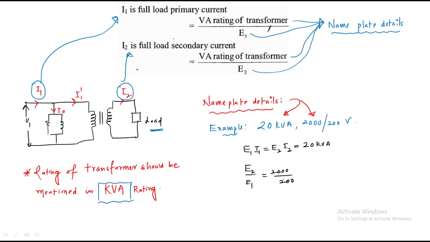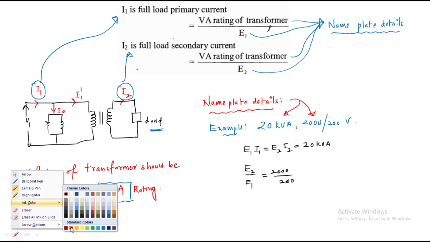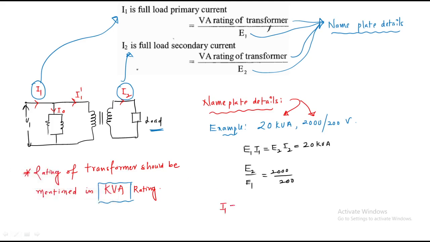E2 is the mutually induced EMF and E1 is the self-induced EMF. Therefore, how to calculate the primary load current? I1 equals the rating of the transformer divided by the nameplate value of E1.